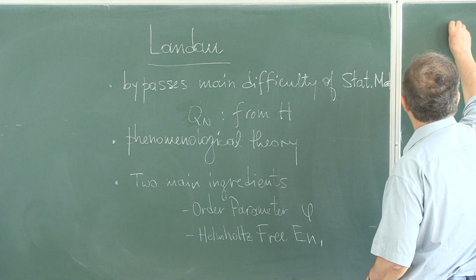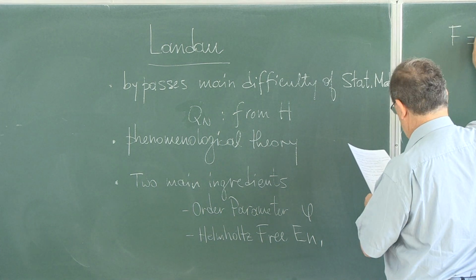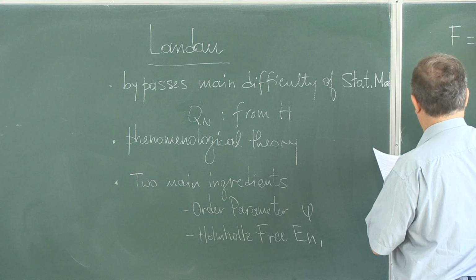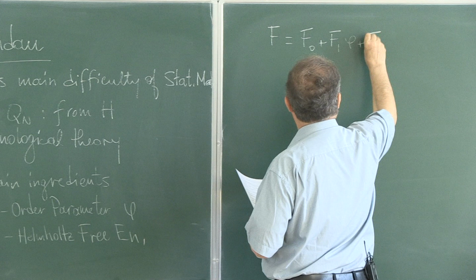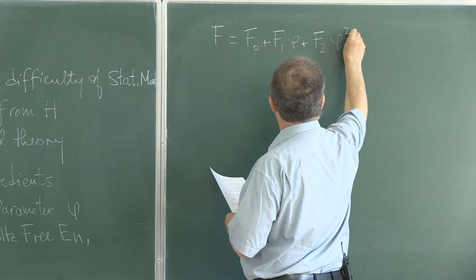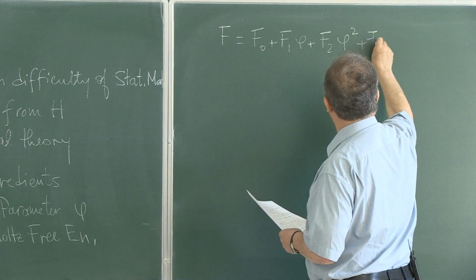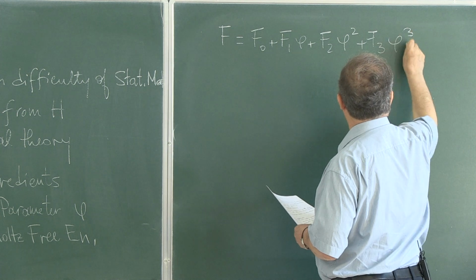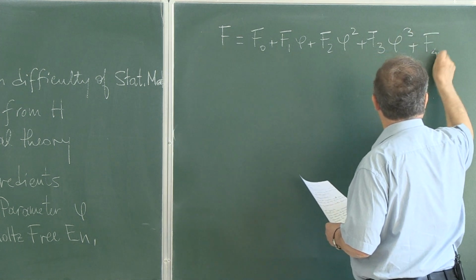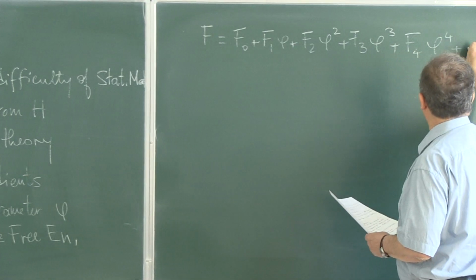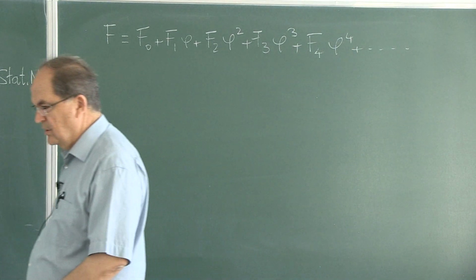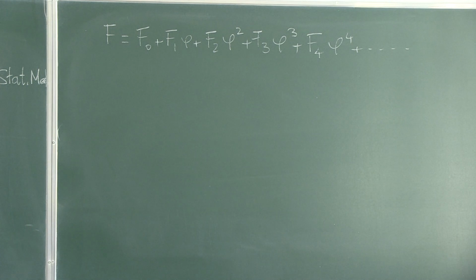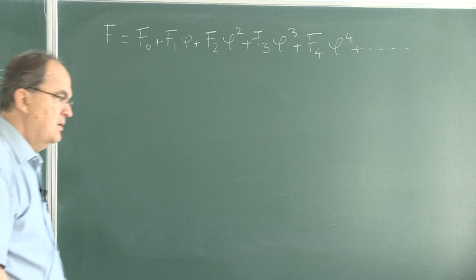So it expands F as F0 plus F1 phi, F2 phi squared, F3 phi cubed, F4 phi to the 4, etc. If you cut the series at phi 4, it is known as phi 4 theory.